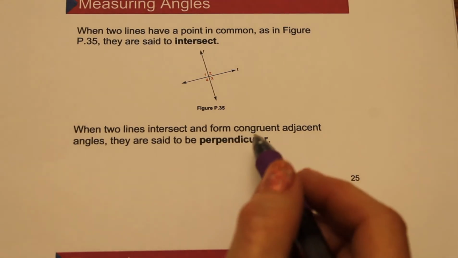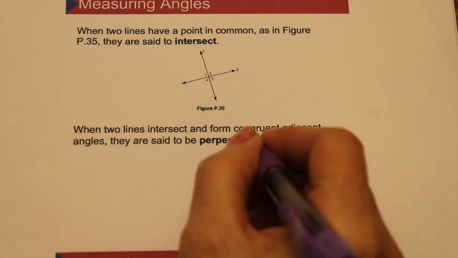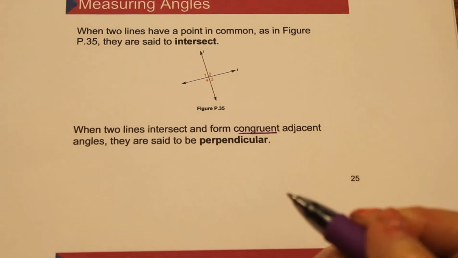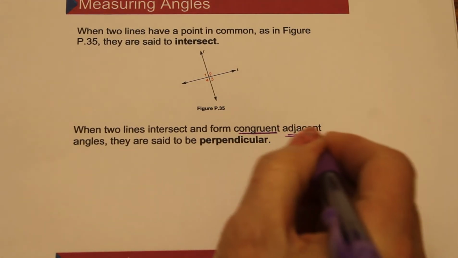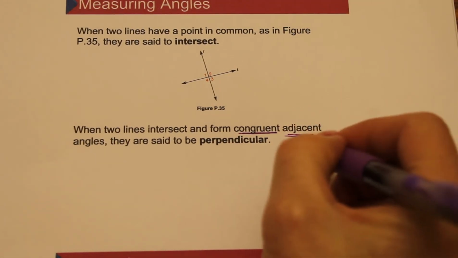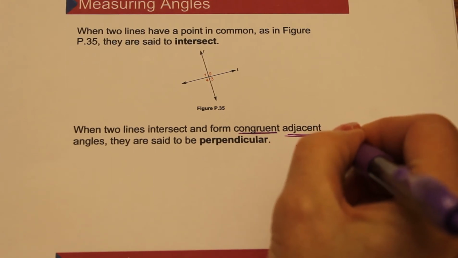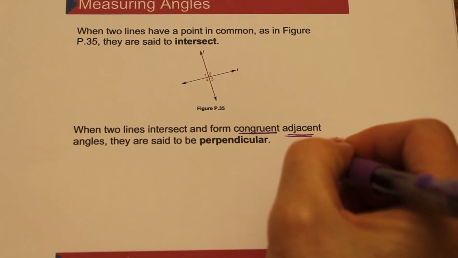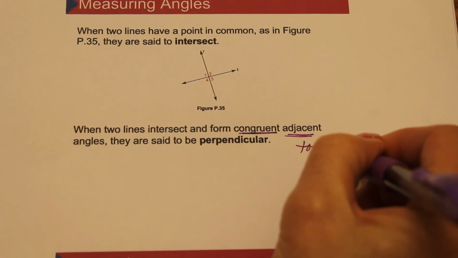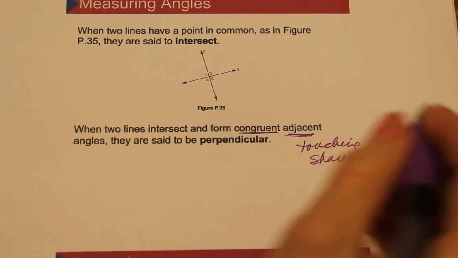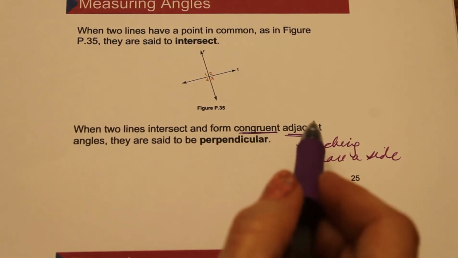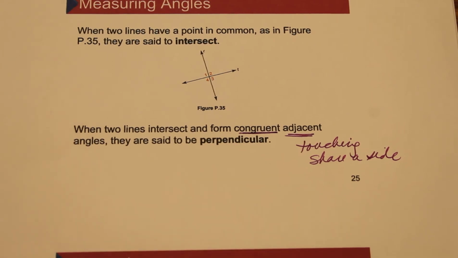If when two lines intersect, they form congruent, same shape and size, adjacent angles, adjacent means touching, adjacent means they share a side, then they are perpendicular. They're meeting at 90-degree angles.